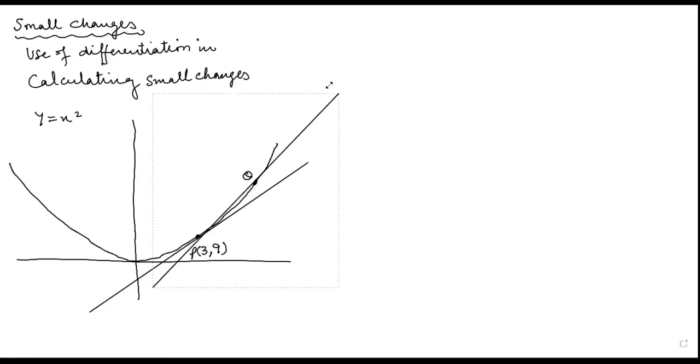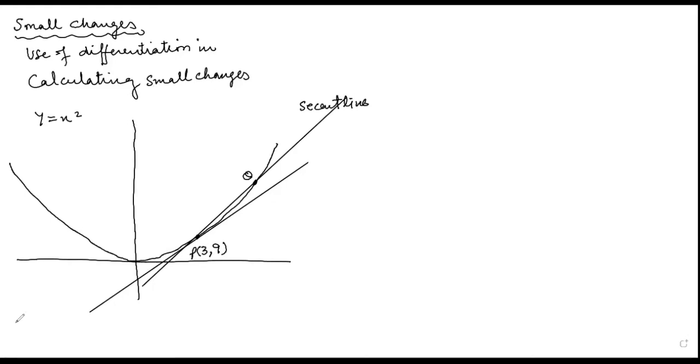Now this one is a line joining these 2 points P and Q. This one is known as a secant line.